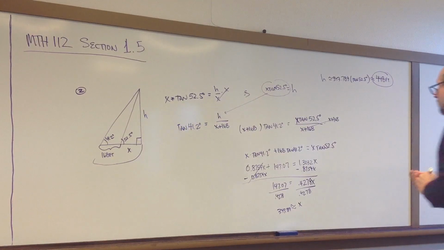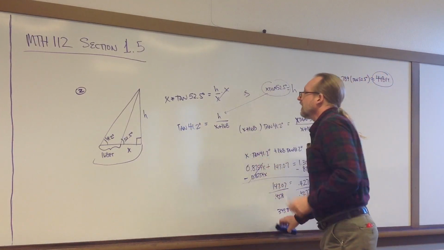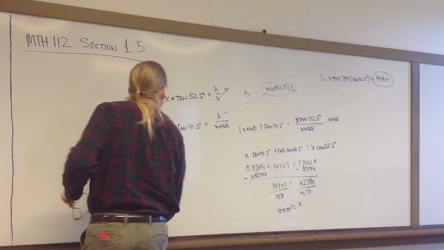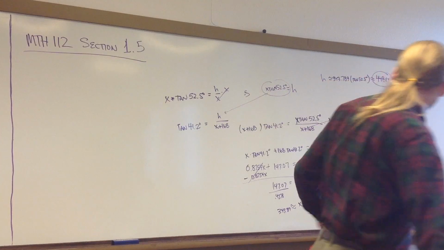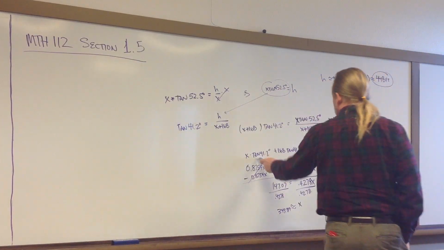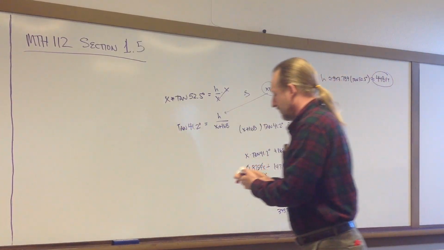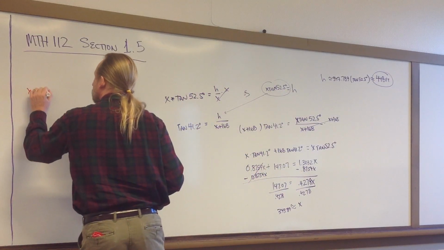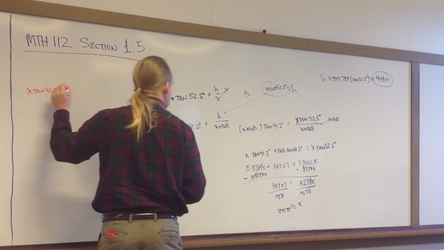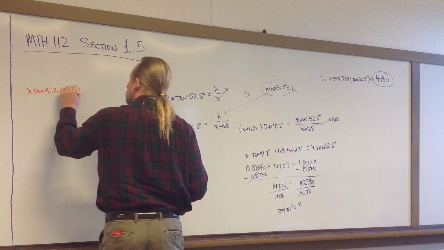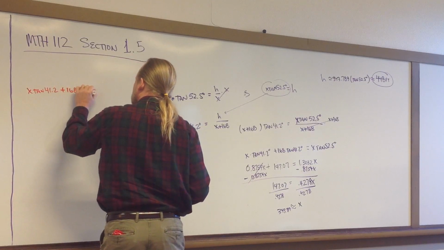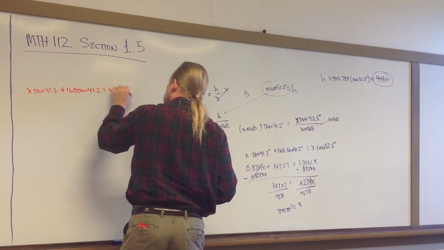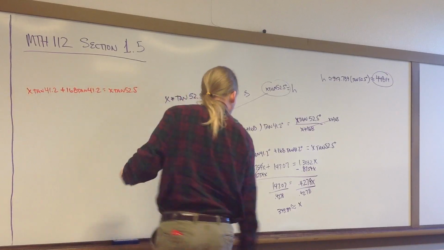Let's see. What if we come back to here at this point? The process is the same. We would subtract this on both sides. So x times the tangent 41.2, and then 168 times the tangent 41.2, x times the tangent 52.5, right?